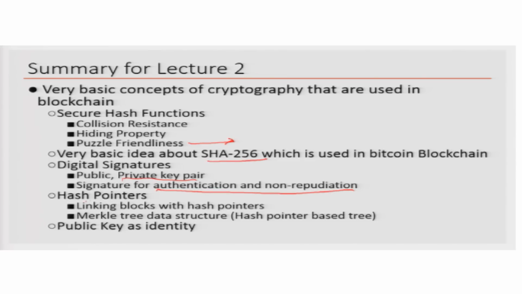We talked about hash pointers, what they are and how they are used to link blocks, and Merkle tree as a data structure which is used for efficient locating of data items, and finally the public key as an identity. So instead of having a username and password, your public key becomes your identity.